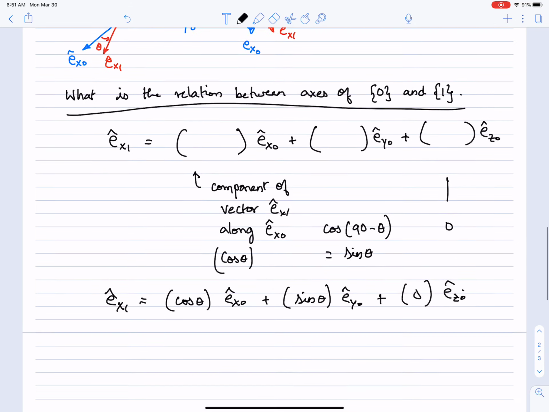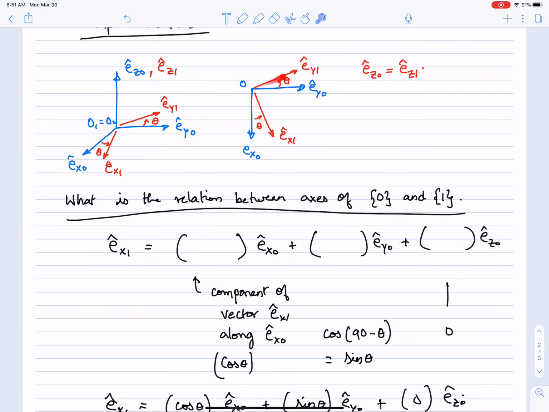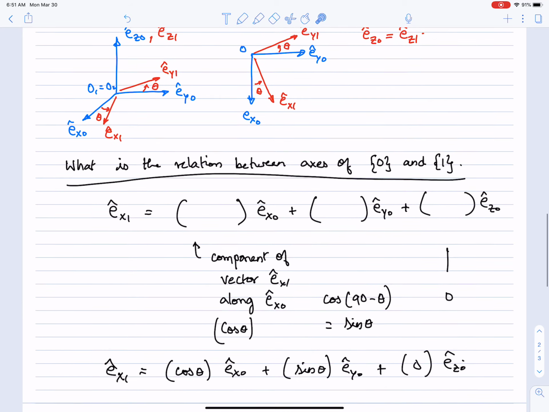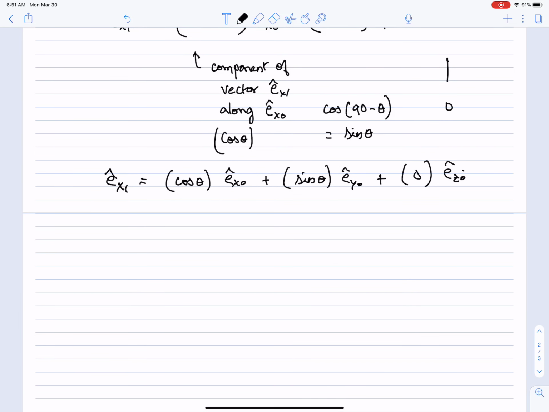Now what about EY1? Let me redraw this picture. Okay, EY1, maybe I'll not redraw the picture, but let me just rewrite it. EY1 equals something times EX0 plus something times EY0 plus something times EZ0.